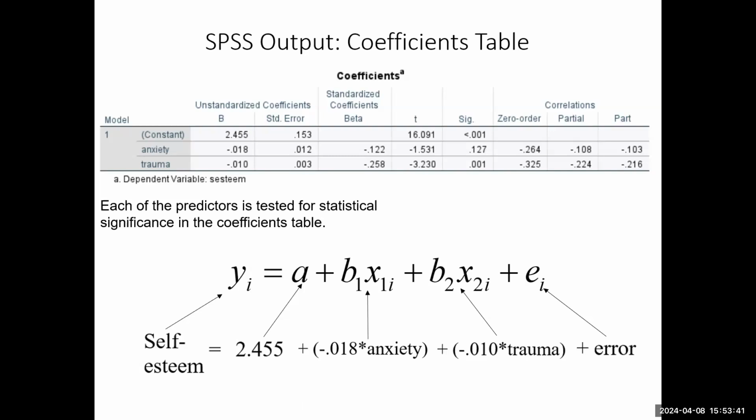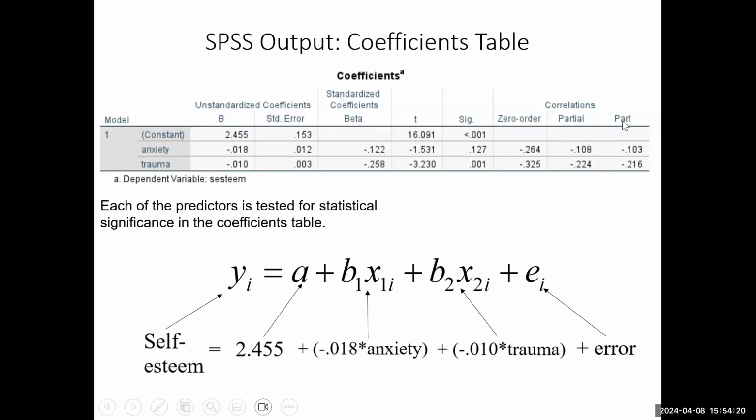The partial correlation is the correlation between the predictor in question and the outcome, removing the effects of the other predictors from both the outcome variable and the predictor in question. So in statistics, we often say that when we're looking at partial correlations, both the outcome and the predictor in question have been residualized for the presence of the other predictors in the model.